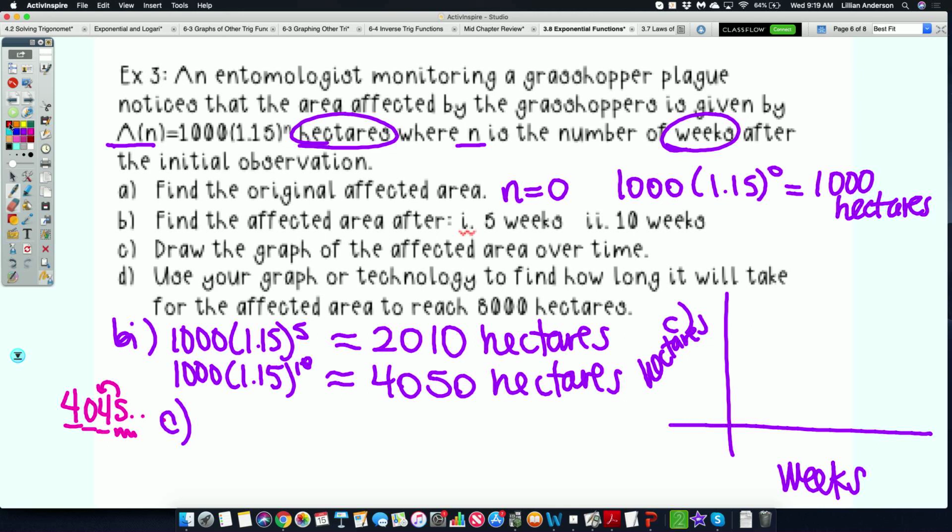What is my horizontal asymptote? It is 0, because your horizontal asymptote is always your c, the constant that's being added. So I have a horizontal asymptote at y equals 0.